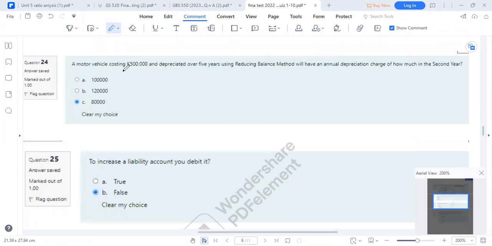A motor vehicle of 500,000 is depreciated over 5 years using the reducing balance method. How much will be there in the second year? All right, so reducing balance method for 5 years. So this is a procedure.